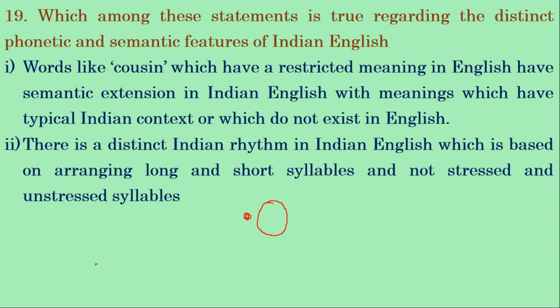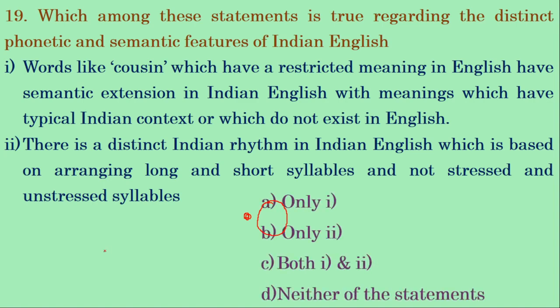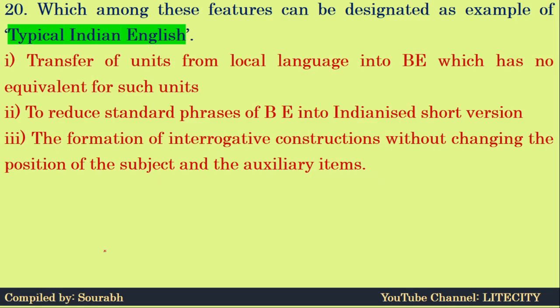In Indian languages instead we have long and short syllables which set the rhythm. So these two qualities, which among these is true? Only first, only second, both first and second, or neither of them? And the answer is yes, both of them are features of Indian English.